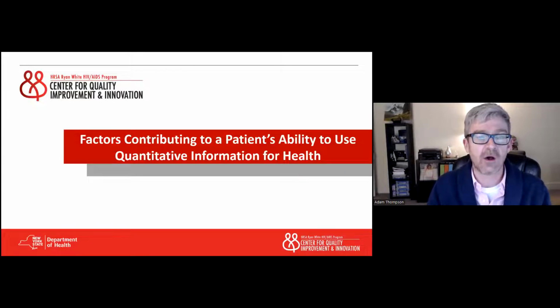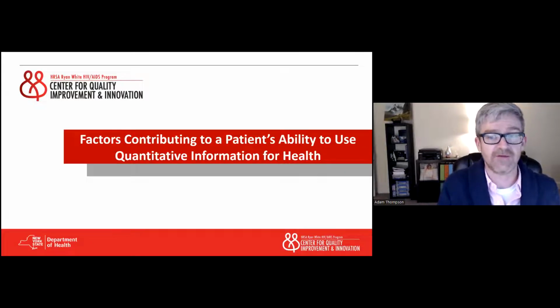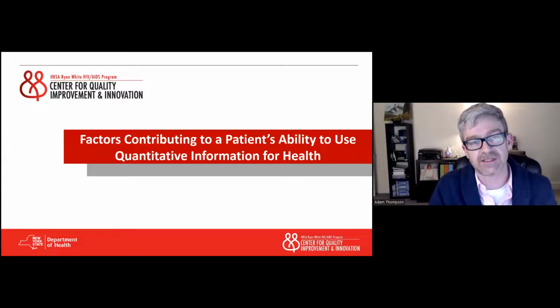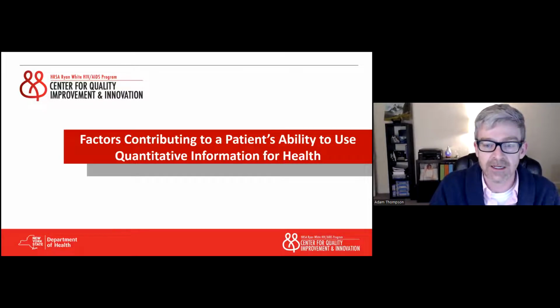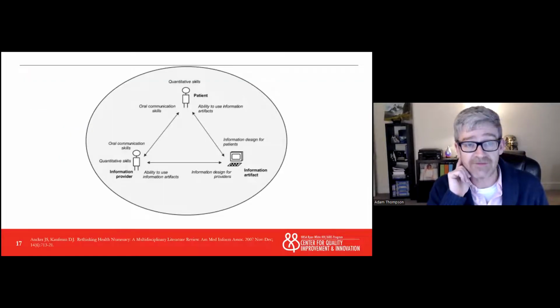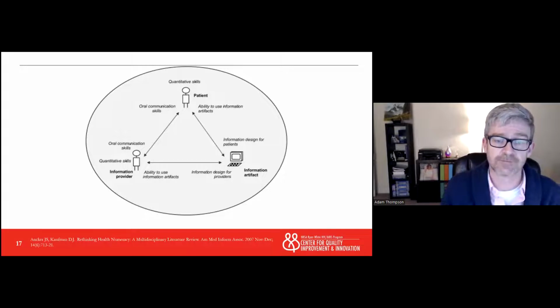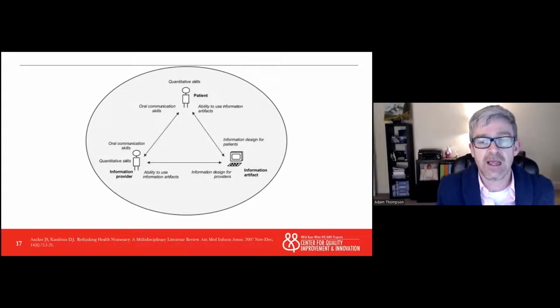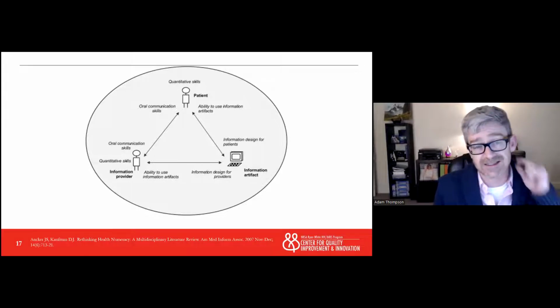So when thinking about quantitative information and the factors that contribute to a patient's ability to use, manipulate, analyze, and process all the things we just talked about in our definition, there's actually three things that you have to think about here. This is from a multidisciplinary literature review that was conducted in 2007.